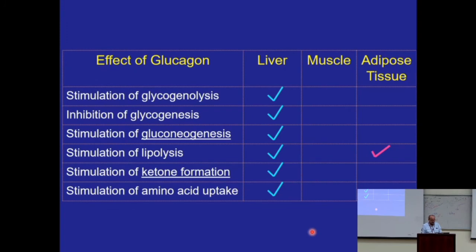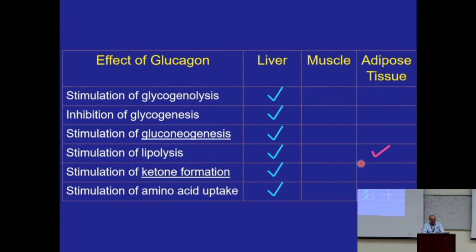glucose. So here's a summary of the effects of glucagon. Pretty straightforward. Without going through all of them, here's mainly effects on the liver. Activation of glycogenolysis, inhibition of glycogenesis, activation of gluconeogenesis. This one here, note, no effects on muscle. Really, no effects on adipose tissue.